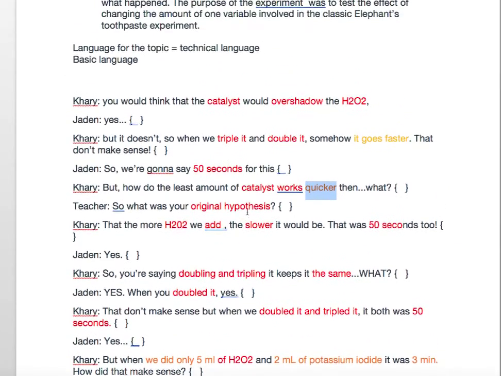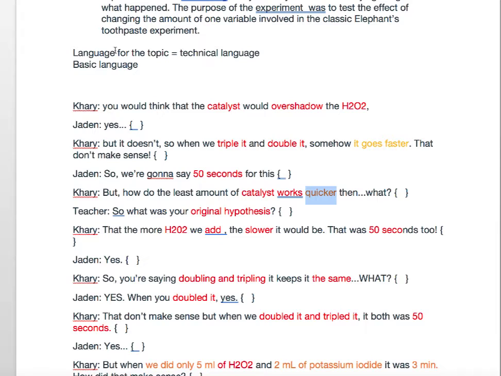All right, so when we think about language for the topic, it's technical language, and we are interested in nouns, verbs, adjectives, and adverbs, and most importantly, I think it's important to get beyond the word analysis, and we'll call them clusters.